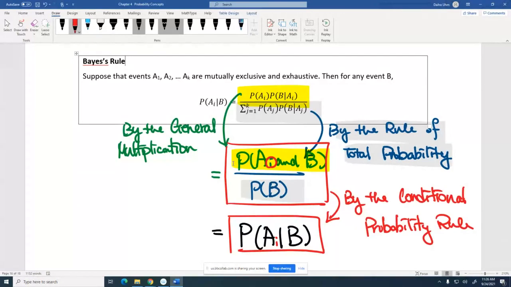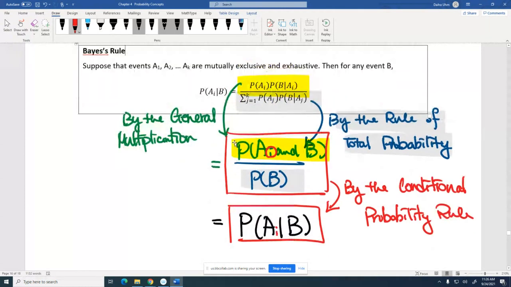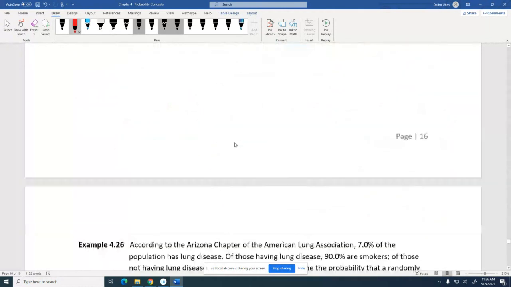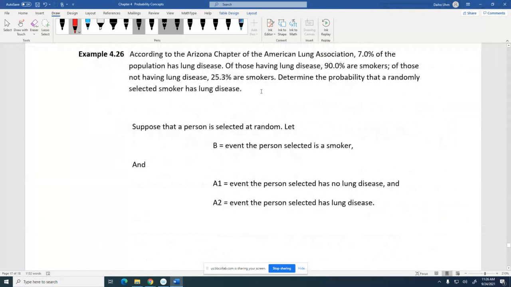Right? Yeah. So let me give an example. I can show you this one later, okay? Yeah, look at this. Please read it.